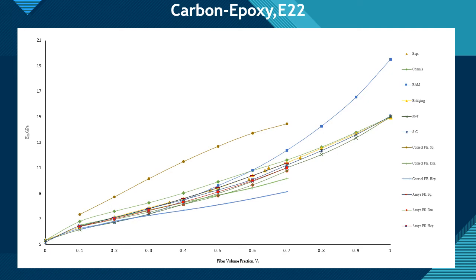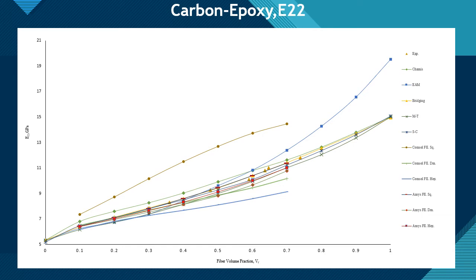In terms of experimental results, we can see ANSYS is predicting quite well, especially the square. The higher predictions are the square shaped prediction. So as we can see, the ANSYS square shaped RVEs are predicting quite good results with the experiment.